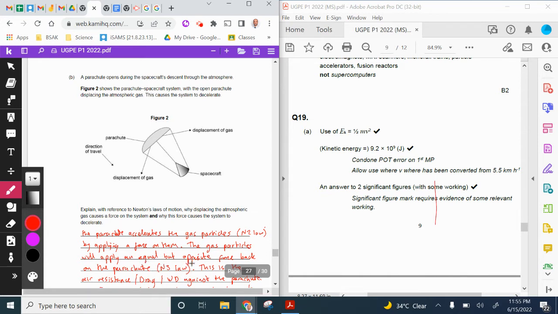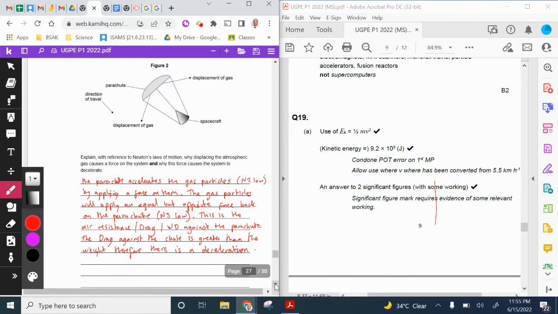So mentioning that will pick you another couple of marks, and referencing that this is to do with Newton's third law. So that means now there is a force acting against the parachute, against the direction of travel. And we know this force is air resistance, also known as drag. We can refer to it often as the work done against the parachute.